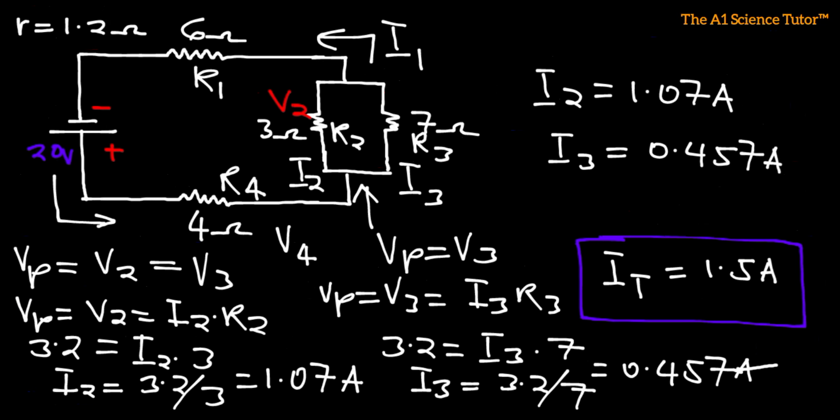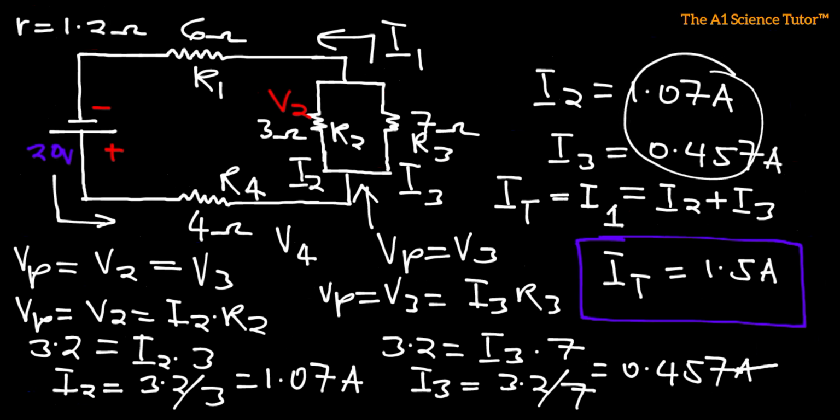Now, how can we know that we are correct by the answers we have gotten? We said I sub t is the same thing as I1, right? Now, we said that is the same thing as I2 plus I3, right? So if we are able to add these two figures and find 1.5, and we are really on track, that is going to be correct.